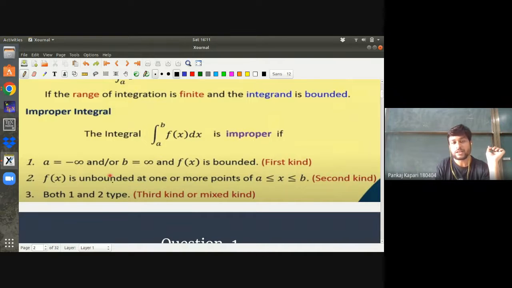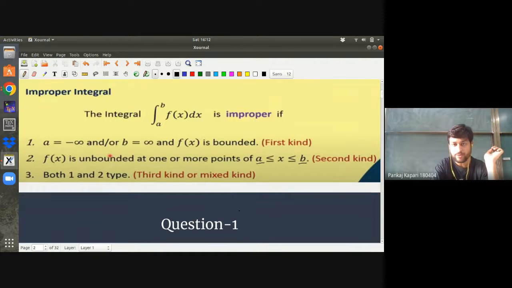But if the function is unbounded, but a and b are finite values, not infinity, and the function becomes unbounded at one or more of these points, so the function is bounded in the interior of the range but may be unbounded at the end points, either the upper limit or the lower limit, then we say that it's an improper integral of the second kind. Otherwise we say that it is the third kind, or mixed kind, of improper integral.